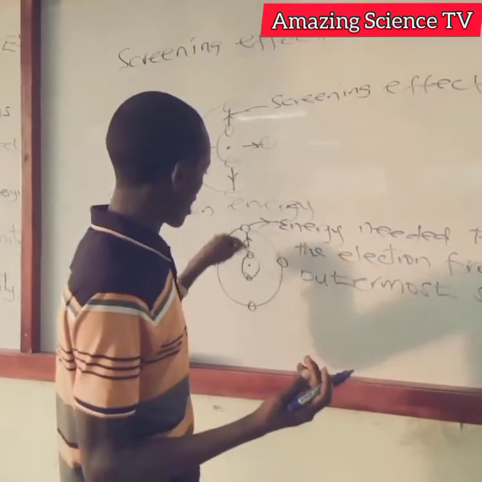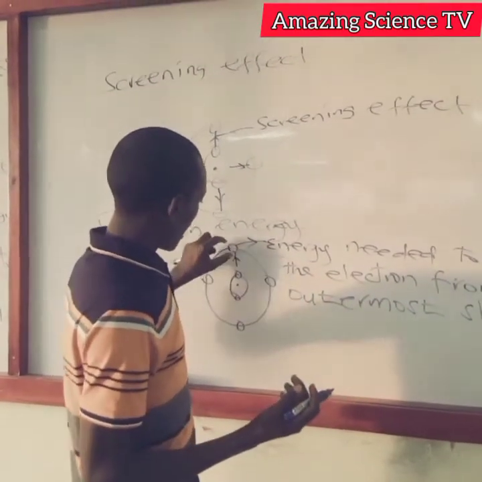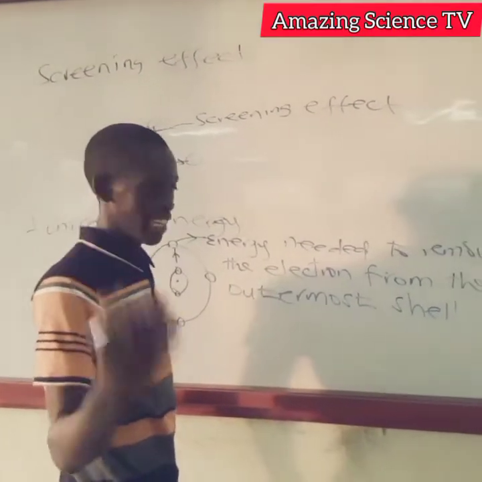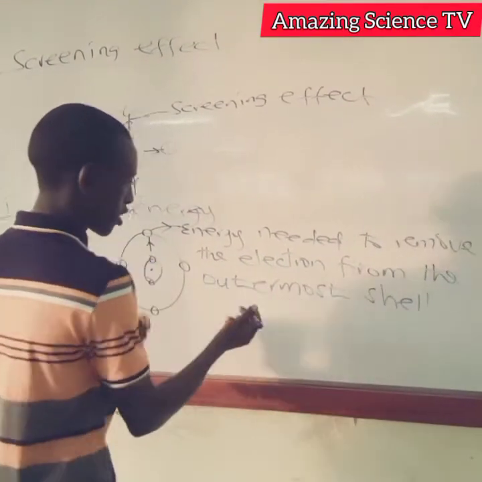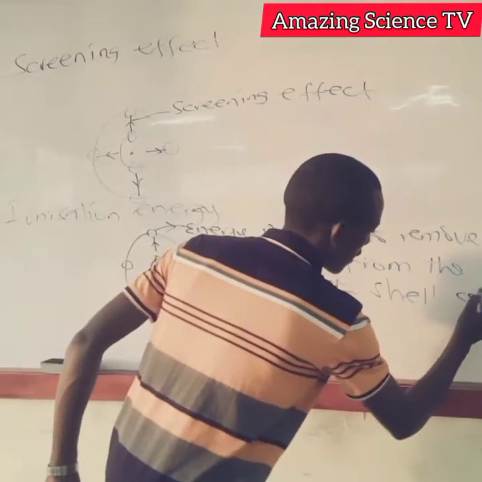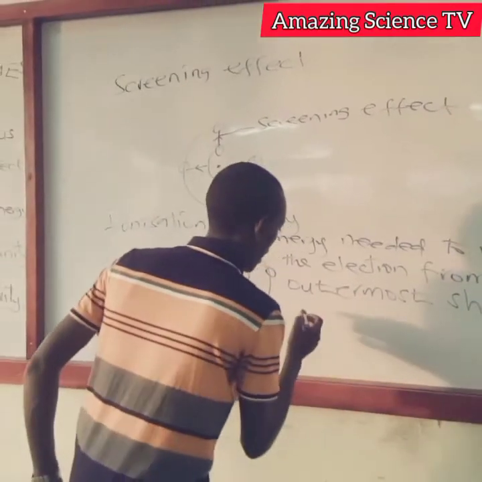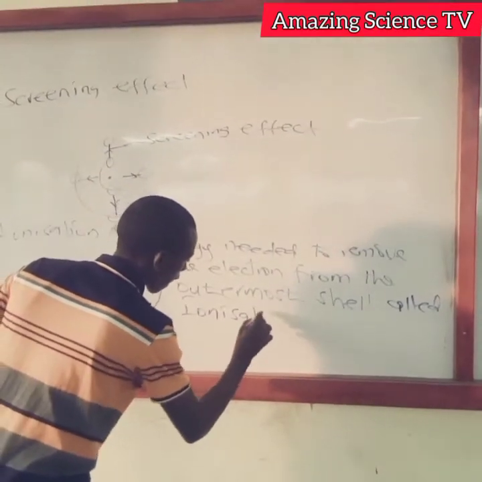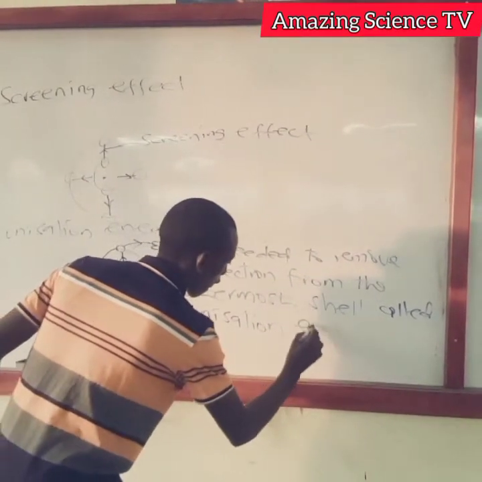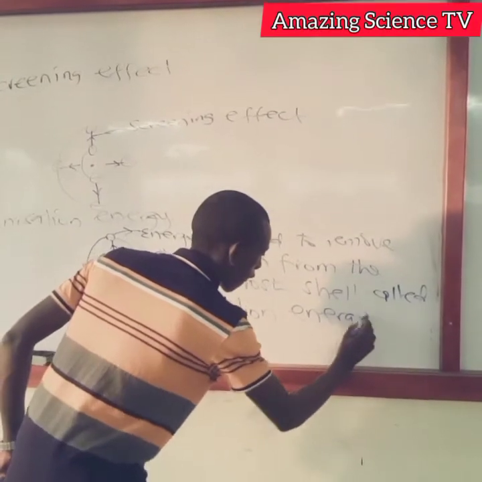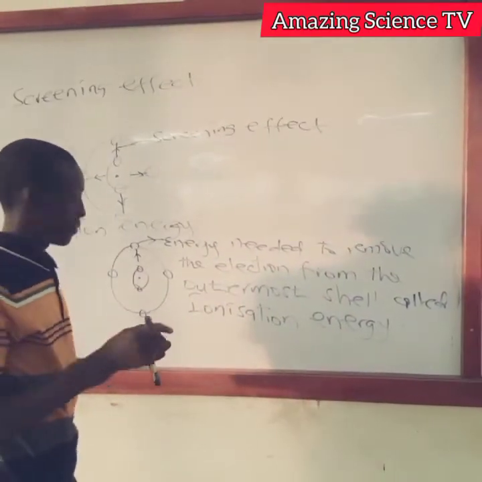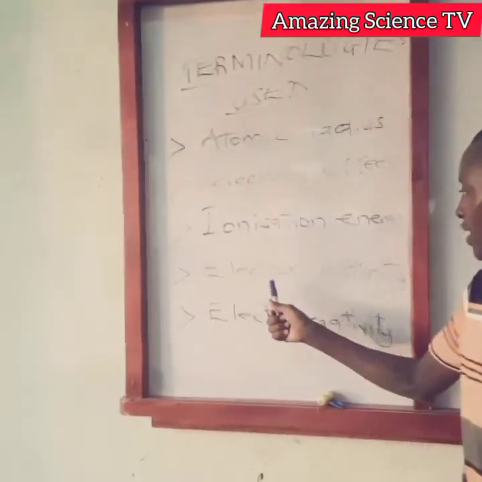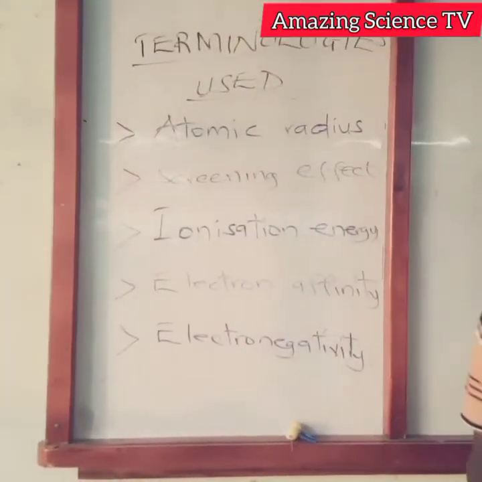The nucleus attracts those electrons. So against the attractive force of the nucleus is what we call ionization energy. And this, I think you can get it. This is what we call ionization energy.